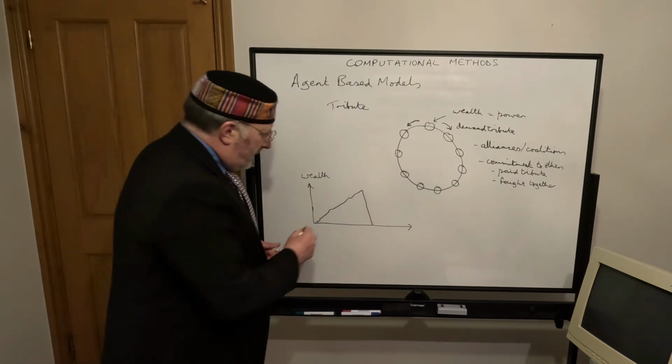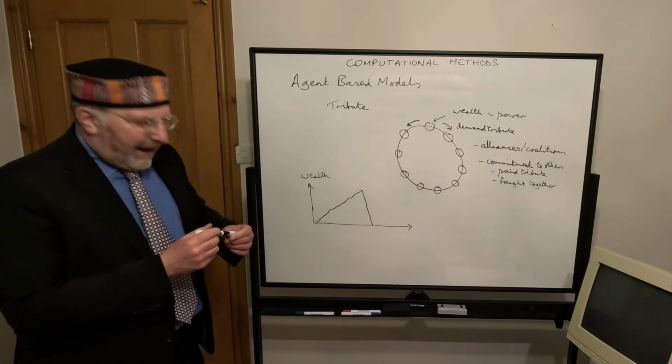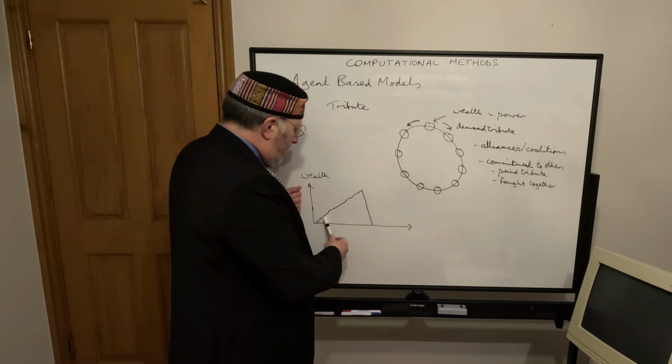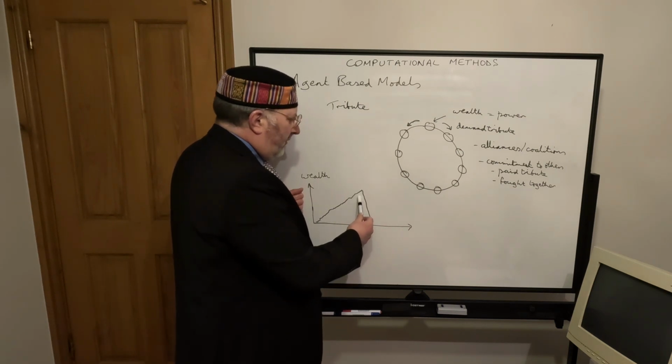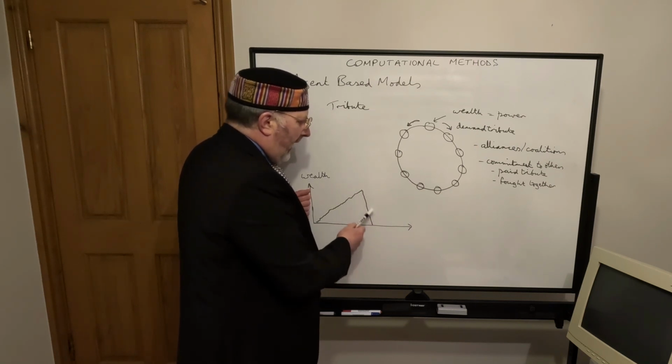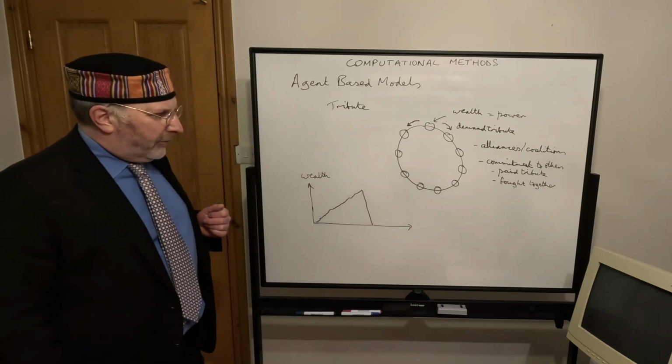And he suggests that this is a good model of how empires form in history, that they're attacking their neighbours and everything seems to be going well, but then they overstretch themselves and the whole thing collapses.